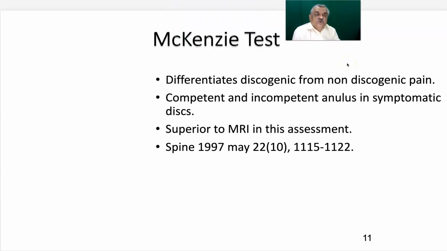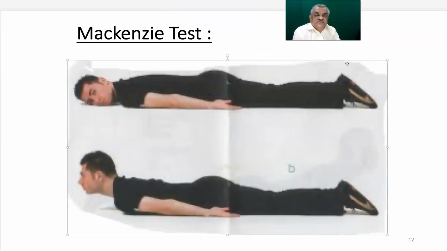Now, we know that this test is very simple and tells us a great deal about the annulus, and how this test helps us in differentiating whether the patient needs surgery and intervention or is going to settle with natural resolution of inflammation.